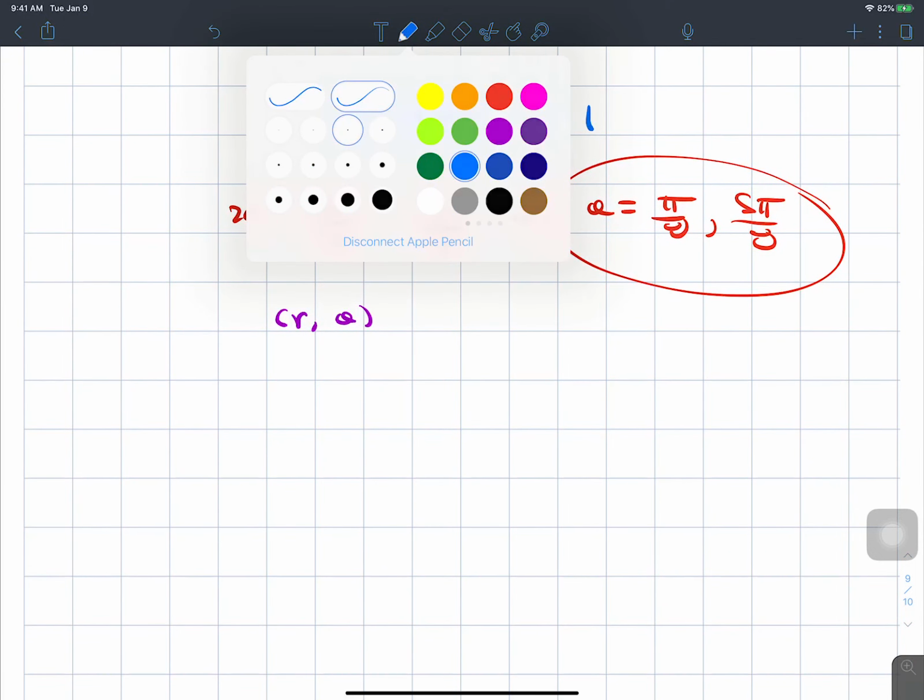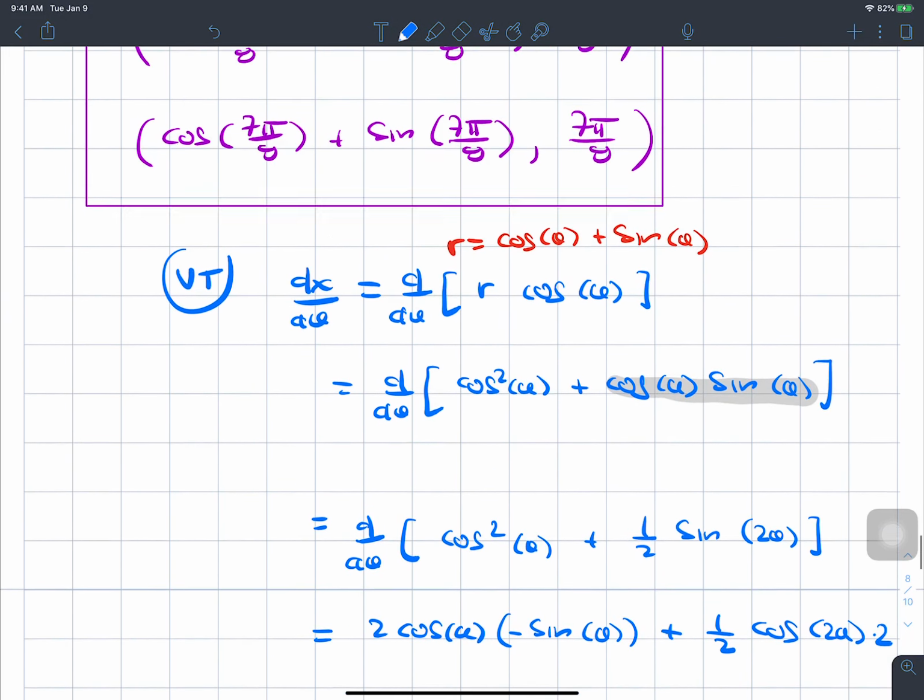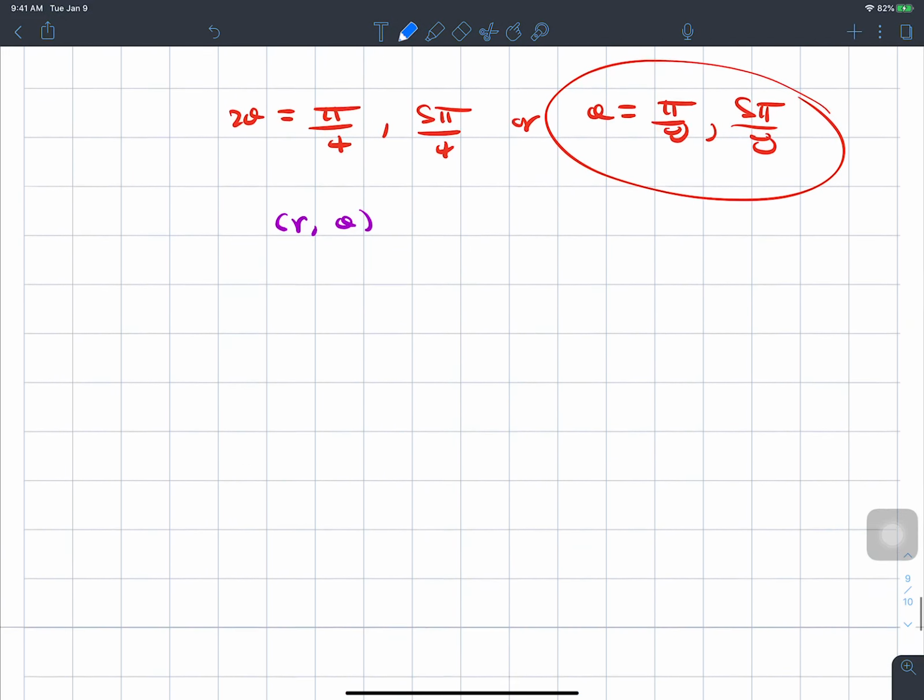So I just want to write this down in purple.